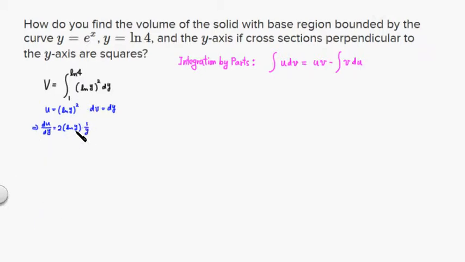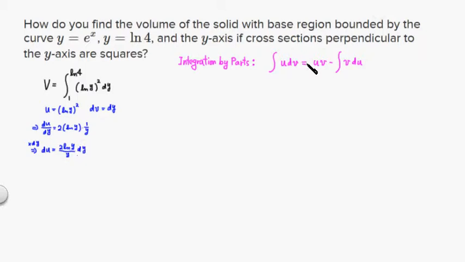Right, so then I'm going to just multiply both sides by dy. So we have du is equal to 2 natural log of y over y. So I just simplify that, times dy.